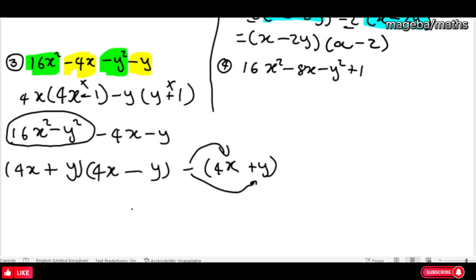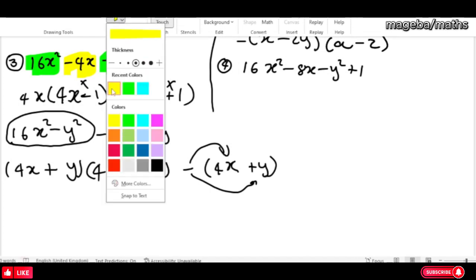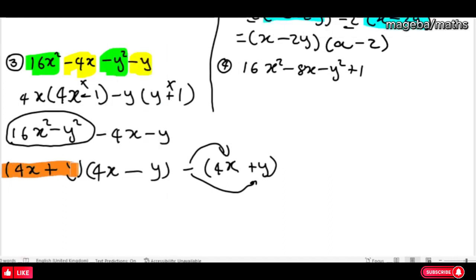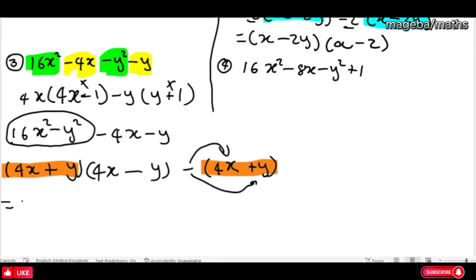Now if you see, there is something that is common here. This bracket is the same as this bracket, so I can take a common factor of this, which is just 4x plus y.